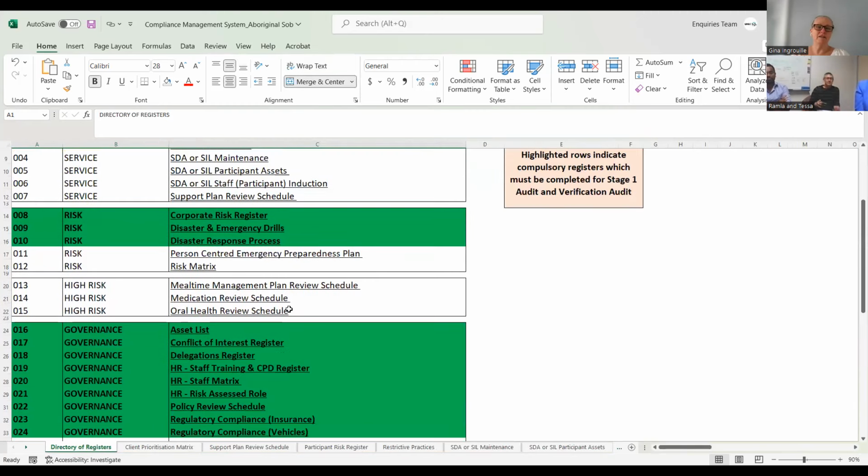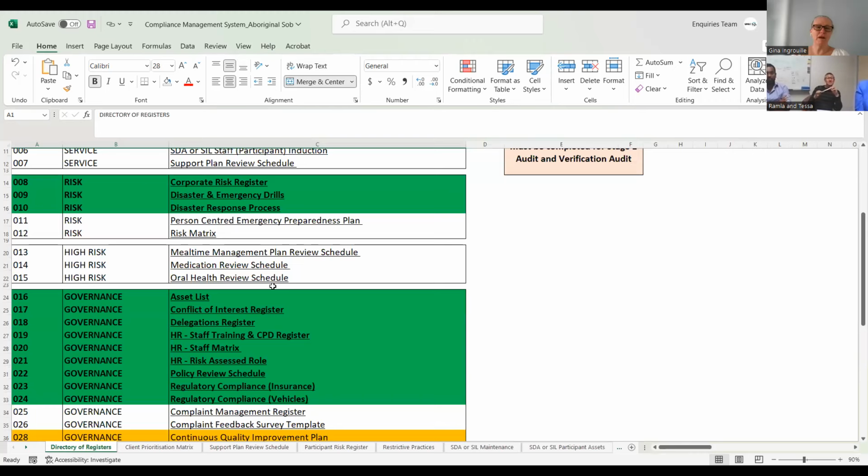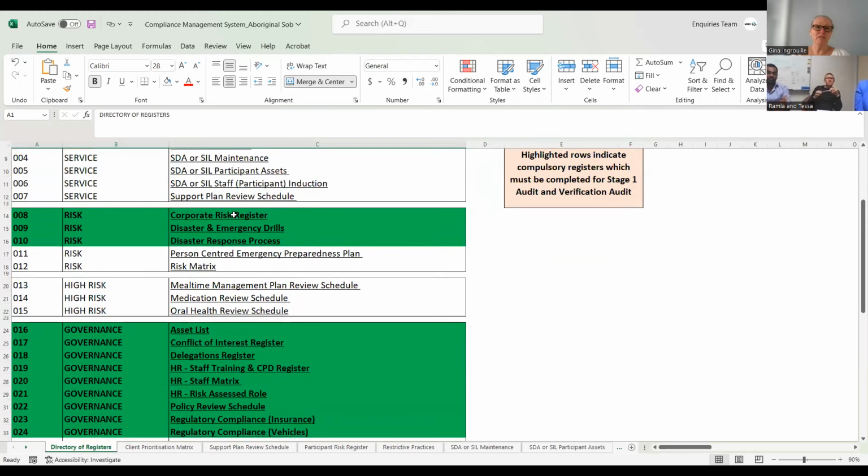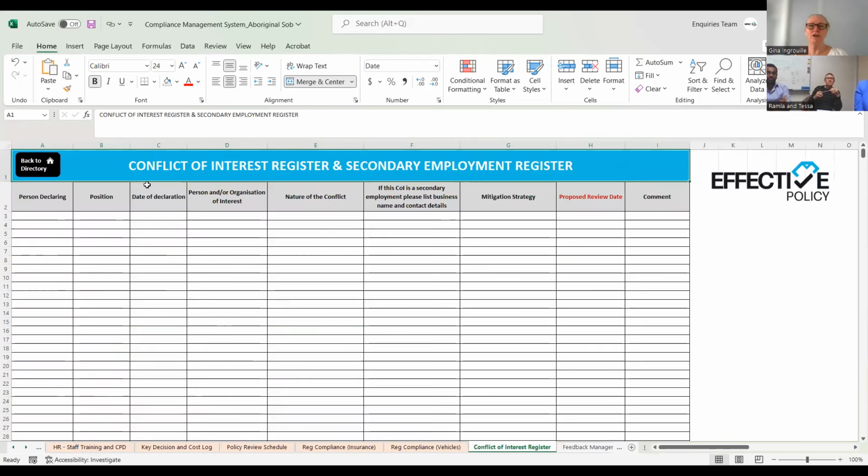Next one is the next two big ones. So the HR matrix is big. The corporate risk register is big. Conflict of interest. You've got no staff, so you'll probably have minimum conflict of interest at this point. But what we have mostly in the NDIS is a lot of support workers who work for other support providers.